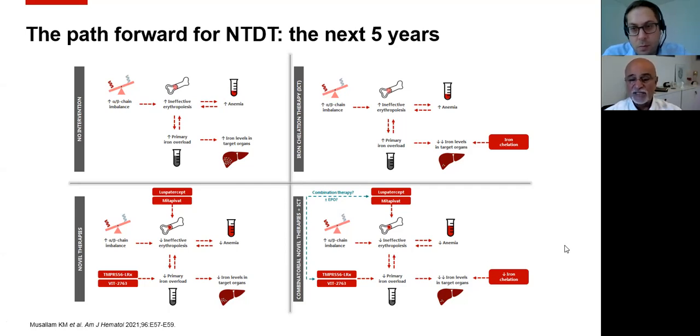I'm sure that these novel therapies will not be available for every country at the same time, so one should remain understanding well the conventional therapy in order to prevent most of the morbidities of our patients until novel therapies are available, and until hopefully combination of novel therapies and iron chelation therapy would be available for each and every one of our patients.